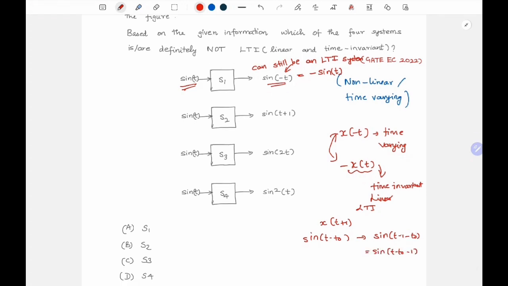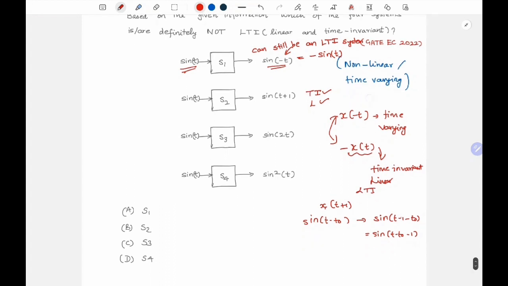So this is time invariant. What about linearity? It is going to be linear, right? Because x of t plus 1 is a linear system. You can check it. You can just take 2 signals, a x1 of t plus b x2 of t, and it is going to be linear.